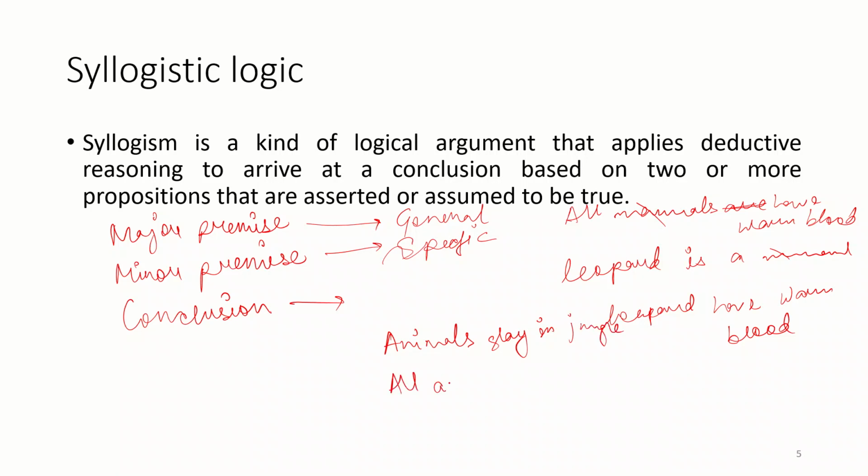All animals are mammals. We are having multiple premises. Then we can say finally: all animals stay in the jungle, all animals are mammals, all mammals have warm blood, a leopard is a mammal, so finally you can say, okay, leopards stay in the jungle. It comes to a specific conclusion. That's the kind of chain of deduction that we get.